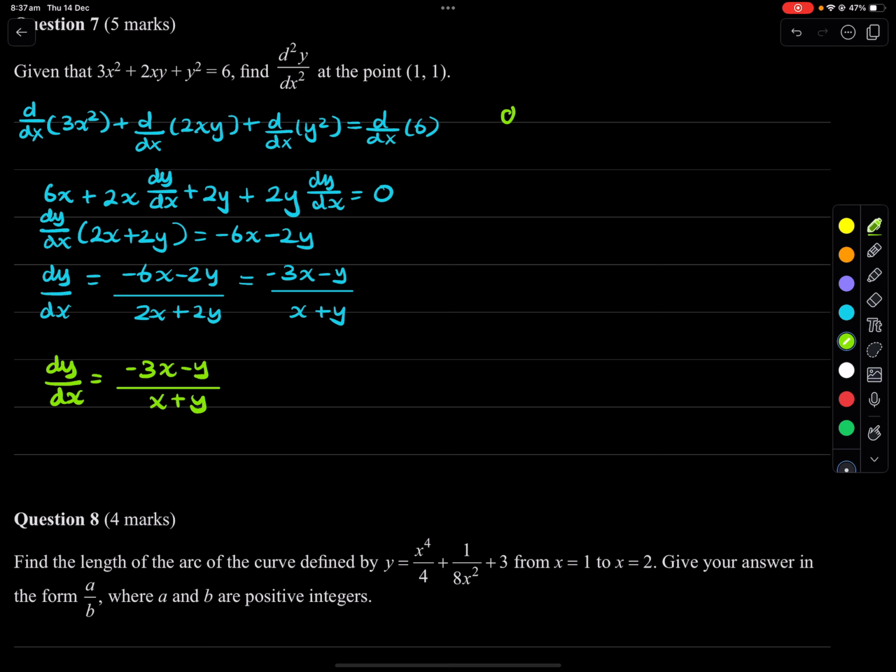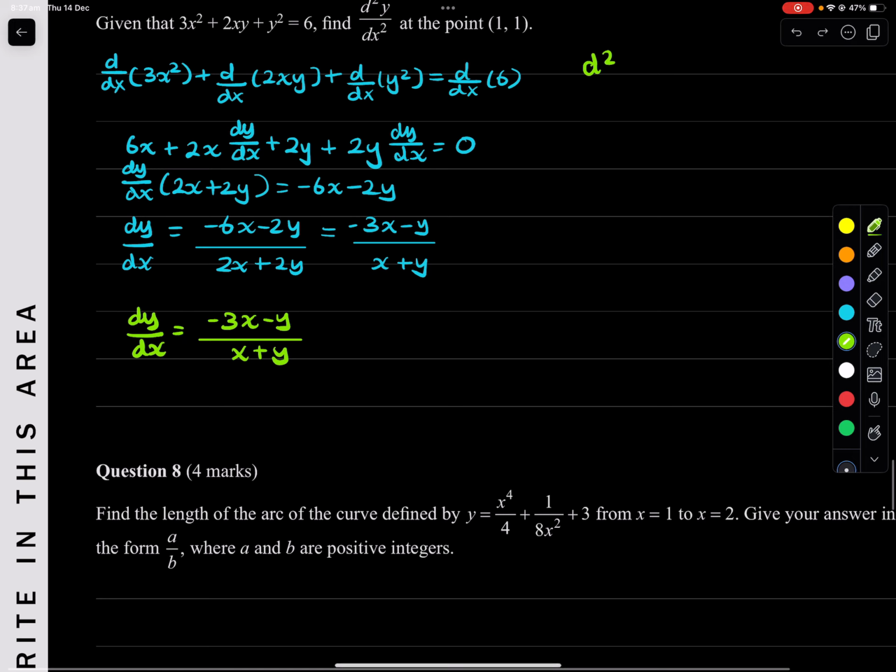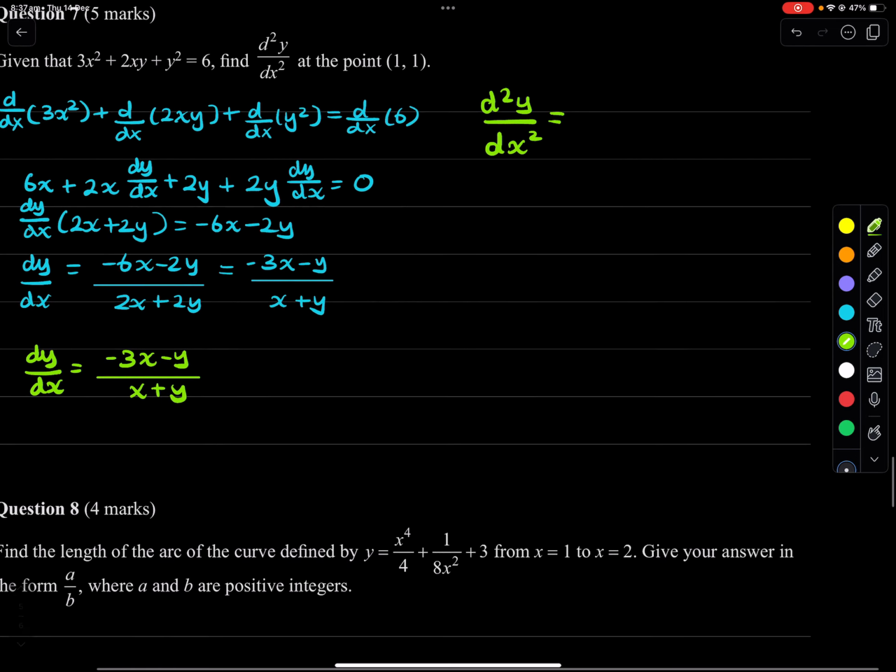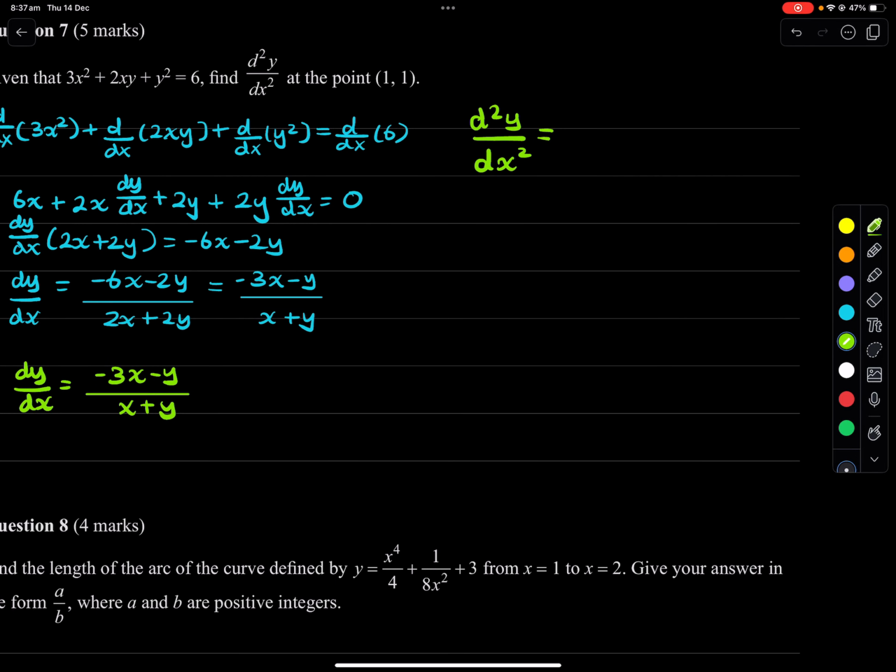So hence your d squared y dx squared is equal to, so your u is going to be that negative 3x minus y. So first it's going to start with x plus y multiplied by the derivative of u, which is negative 3 minus dy dx. Remember, we're deriving y, so negative y is just going to be negative 1, but multiplied by dy dx. Okay, we get this.